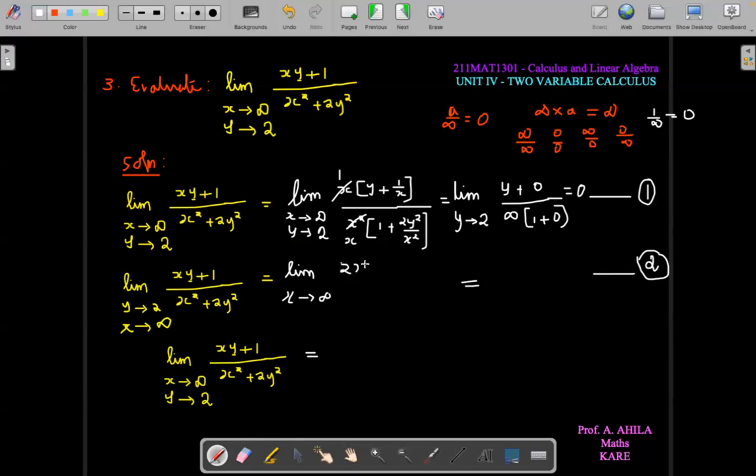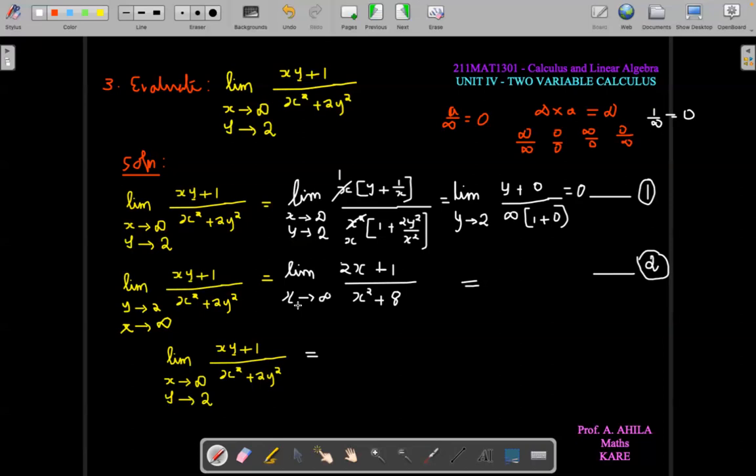Instead of y, put 2 plus 1 by, instead of y only we are substituting. So x square plus 2y square. Y square means it is 4. 4 into 2, 8. Now I need to substitute.